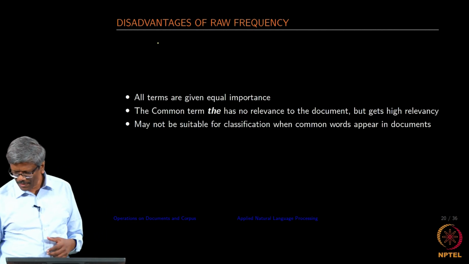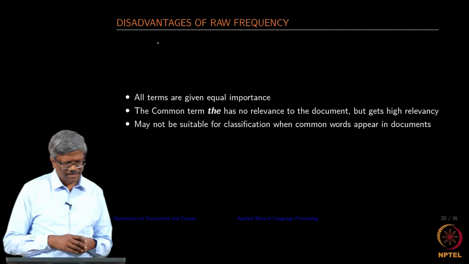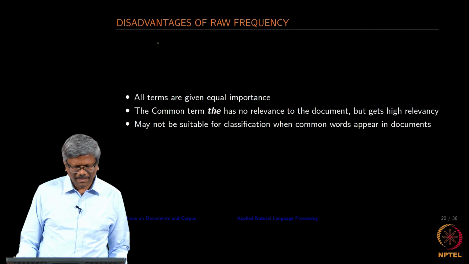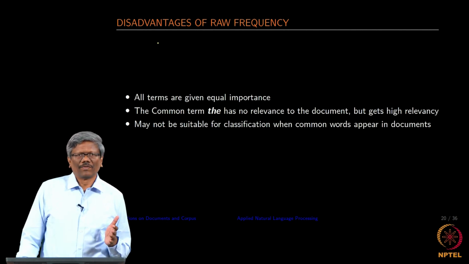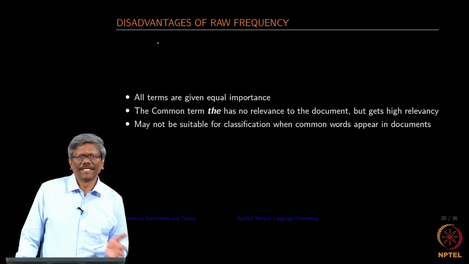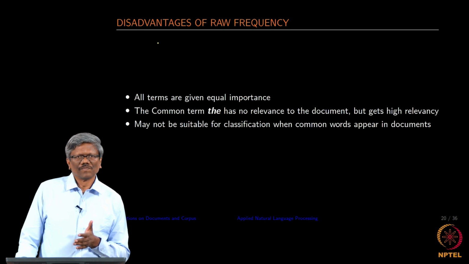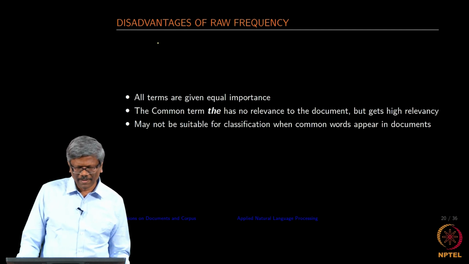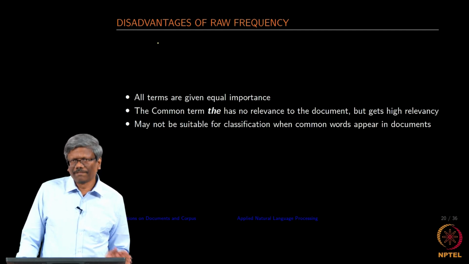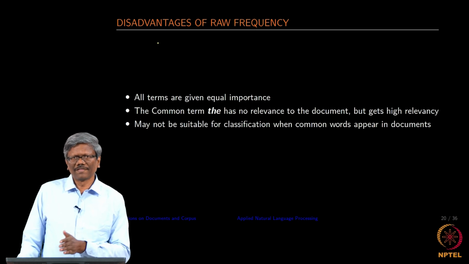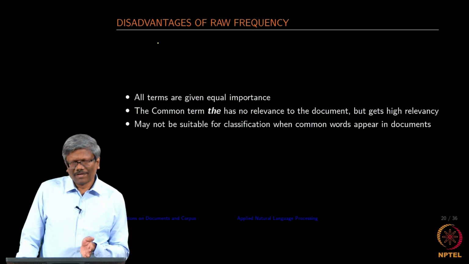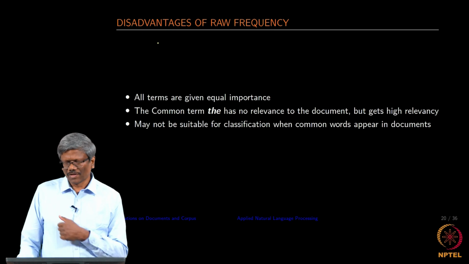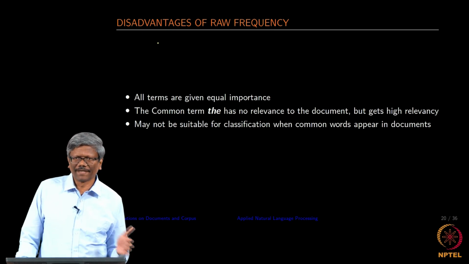What are the other disadvantages of having a raw frequency? All terms are given equal importance. The common term the, if I had not removed stop words, will have more occurrences than any other word, but it will have no relevance to the document with respect to querying and so on.